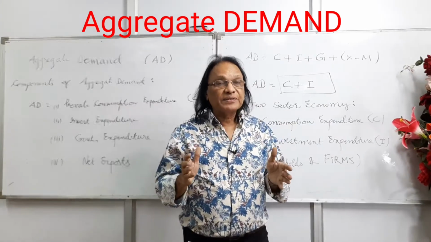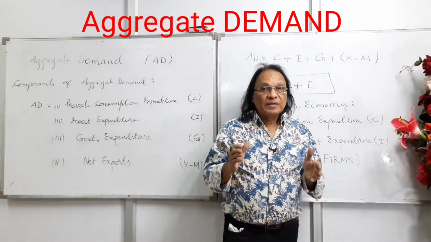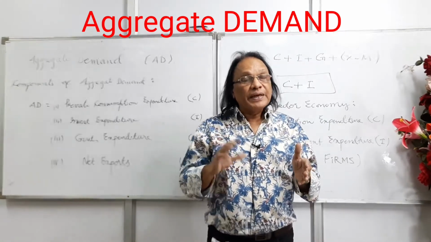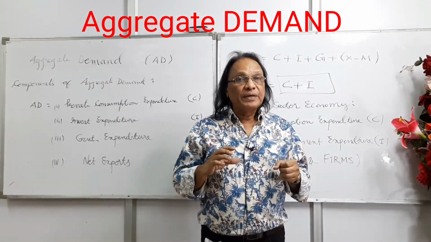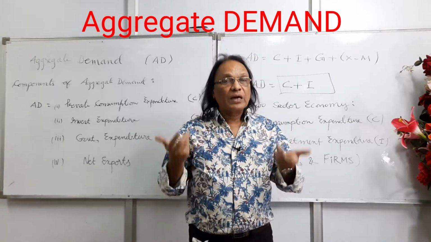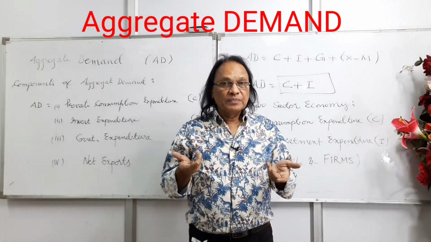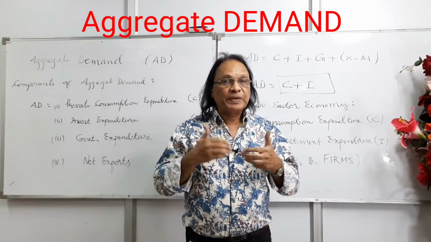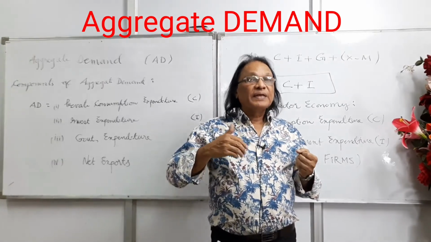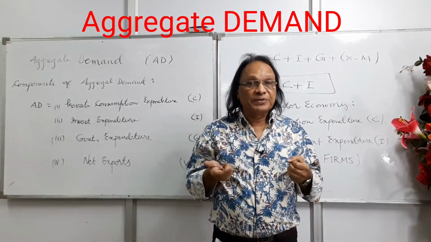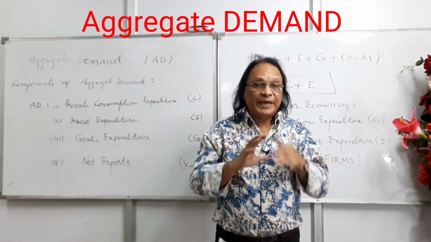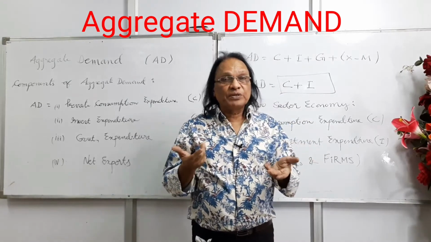Aggregate demand is the total demand for goods and services in an economy in an accounting year. It's a planned demand or expected demand in an economy in an accounting year. The demand for all kinds of goods. It can be consumer goods, it can be investment goods.